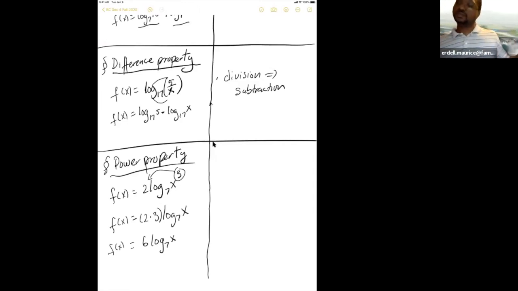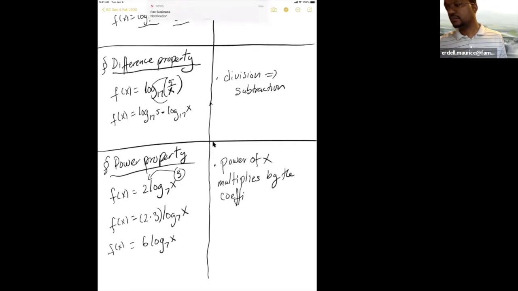And so the rule right here is that the power of x multiplies by the coefficient up front.